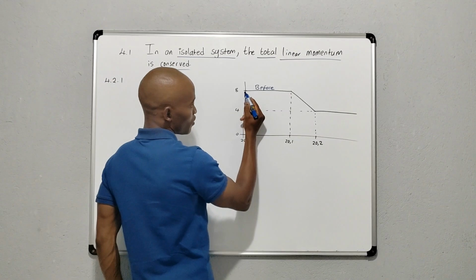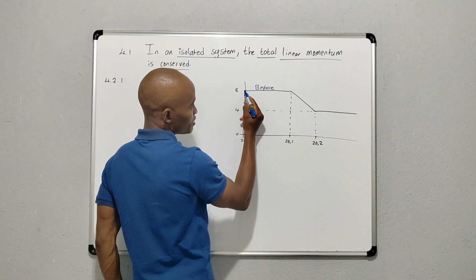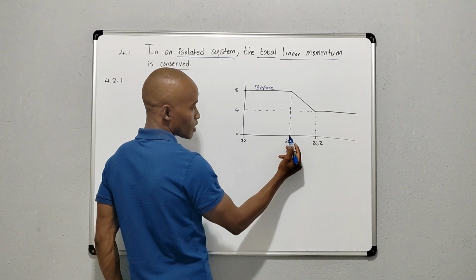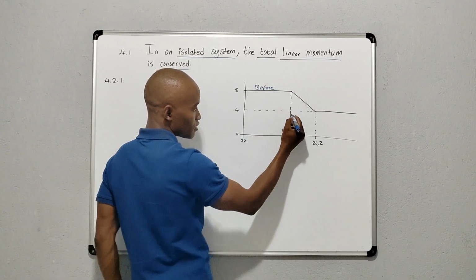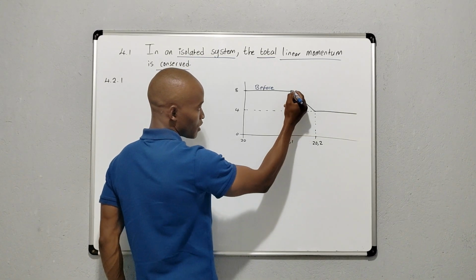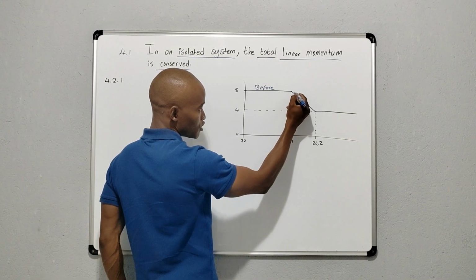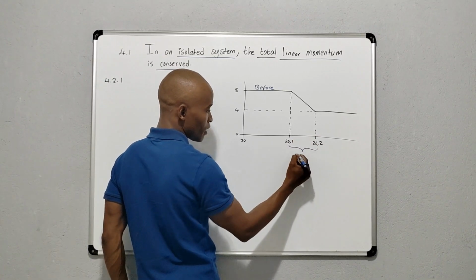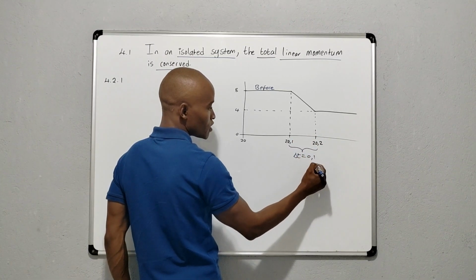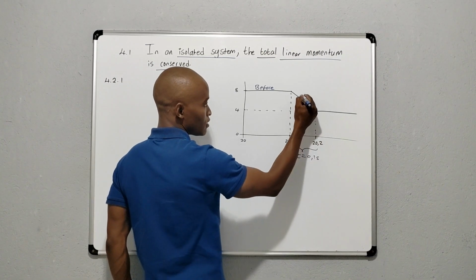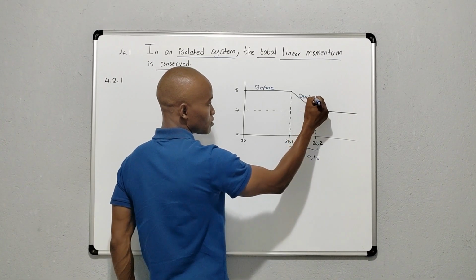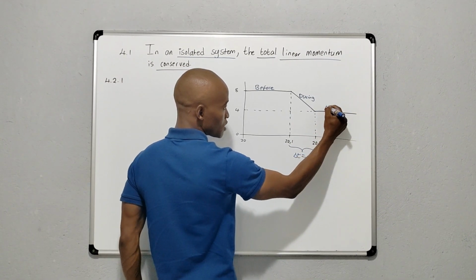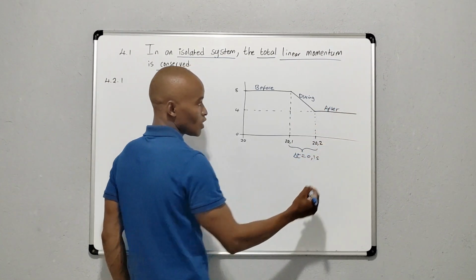It has been traveling at 8 meters per second for 0.1 seconds. At 20.1 seconds, it collides with trolley Y, and this is the duration of the collision, the contact time, which is 0.1 seconds. From 20.2 onwards, that is after collision.